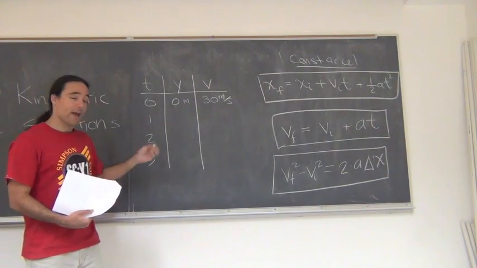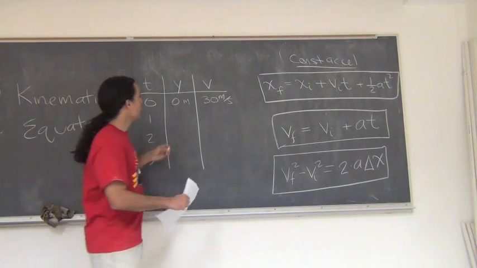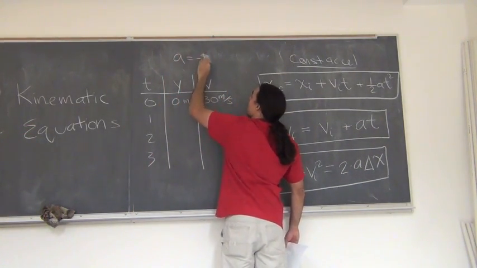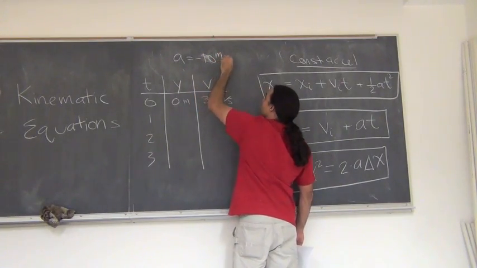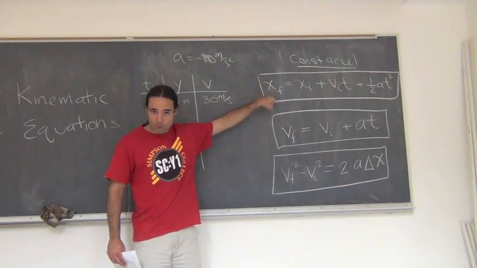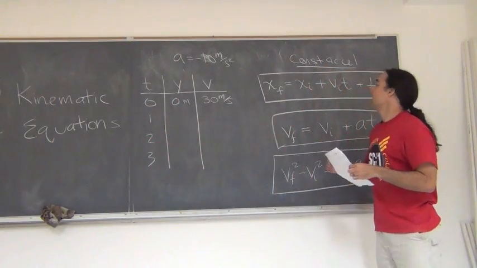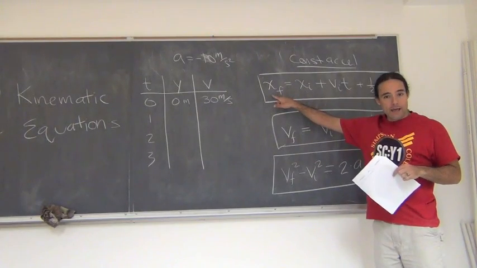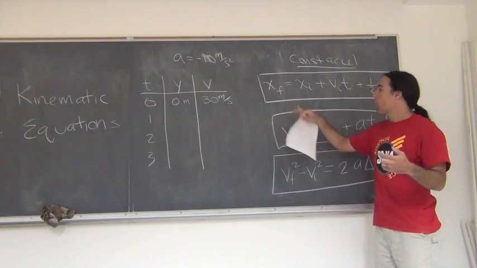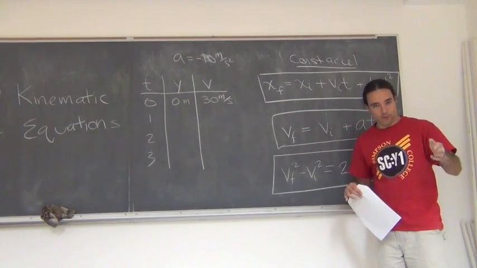So to remind you, we had a ball that we threw up at 30 meters per second. We assumed that the acceleration was negative 10 meters per second squared. Let's see if we can make the same chart just by plugging into these two equations. So what you're going to do is you're going to find the y height. It says x here, but that doesn't matter. The x is what we use for horizontal motion, the y is what we use for vertical motion.